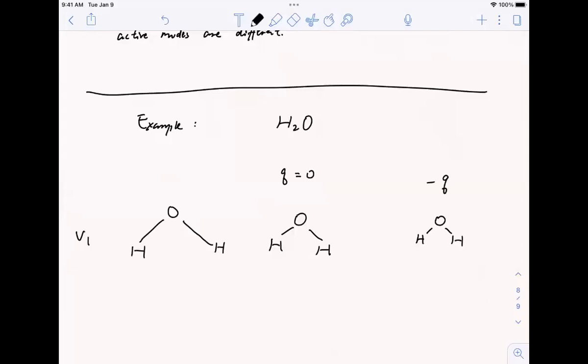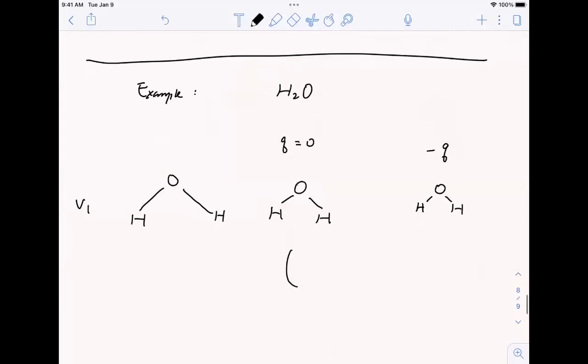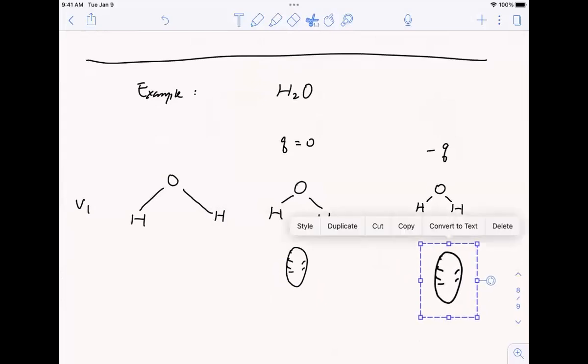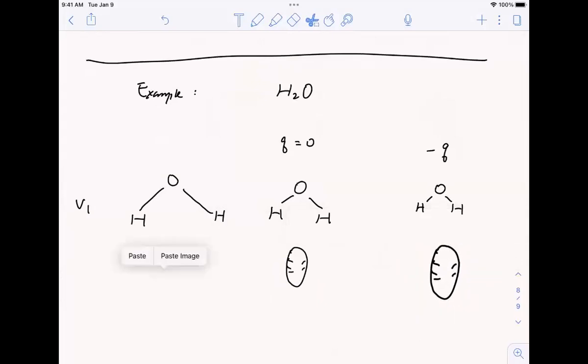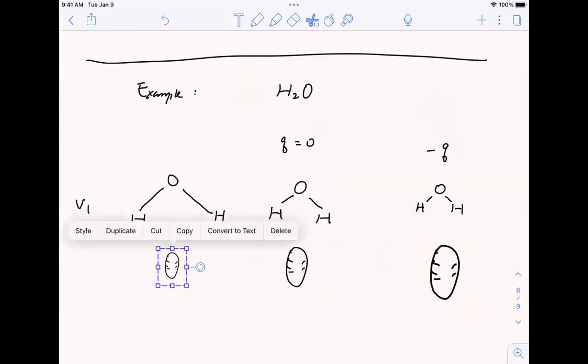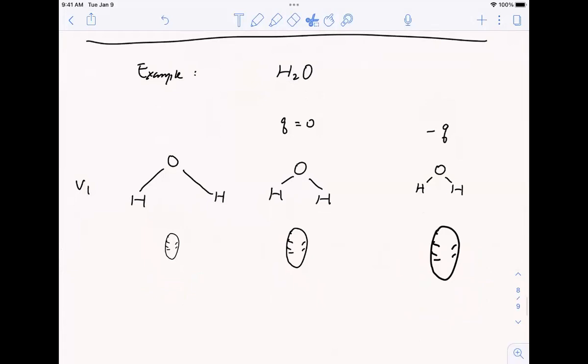So in this whole process, you can see that the Raman tensor is something like this. And then this one will just get bigger. So remember, the drawing is not very accurate. It's an ellipsoid, okay? So this one is Raman active.